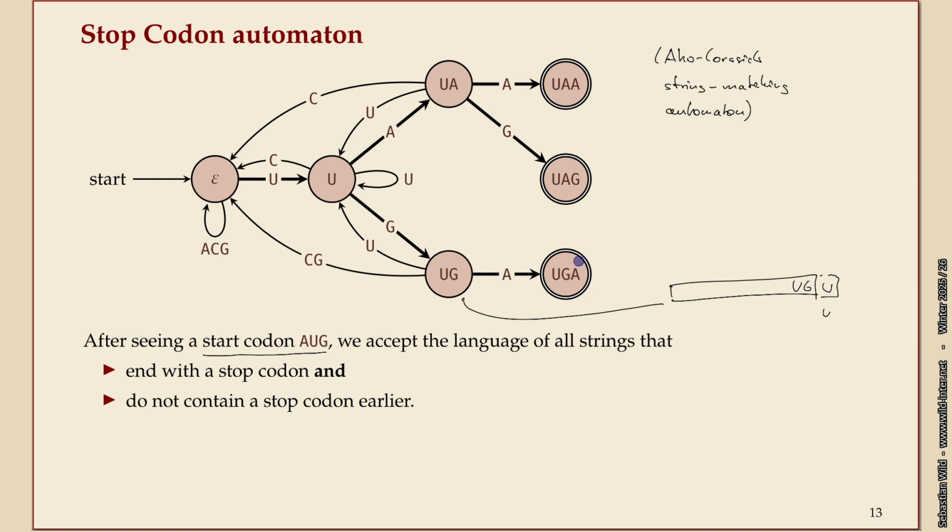Here, for these specific strings, it's easy enough that we just manually figure out what this automaton should look like. Okay, from this we can analyze how long the expected open reading frame in a random string would be precisely.